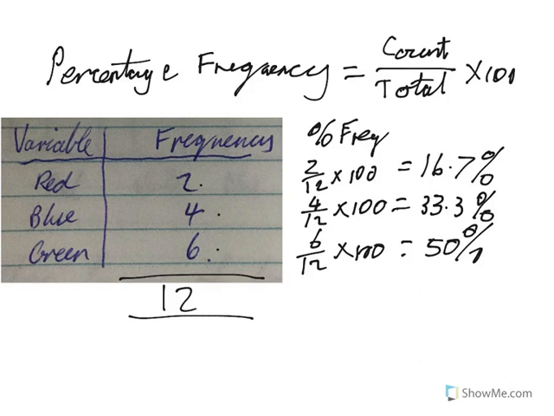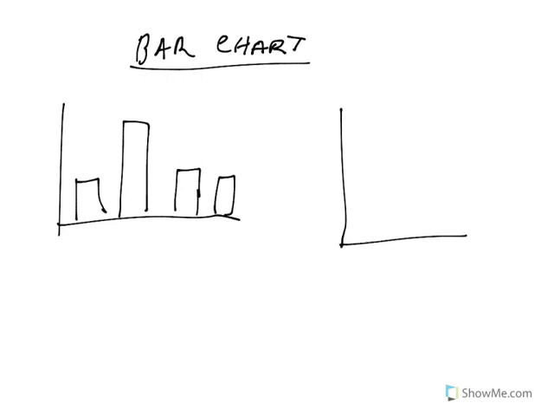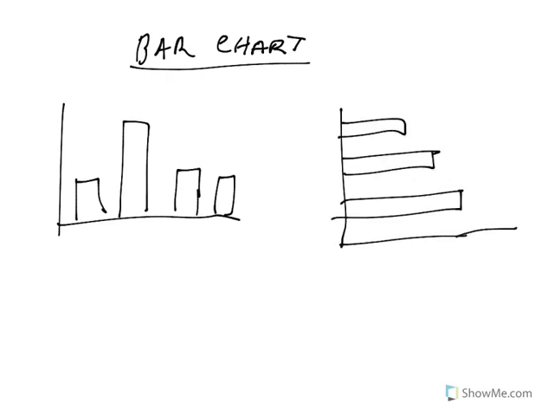Another thing for categorical data is what we would call a bar chart. Bar charts are used for categorical data. They're similar to what we call histograms, but they're not the same. So for a bar chart, we can have bars this way, or we can have bars this way, horizontally. That's all good.